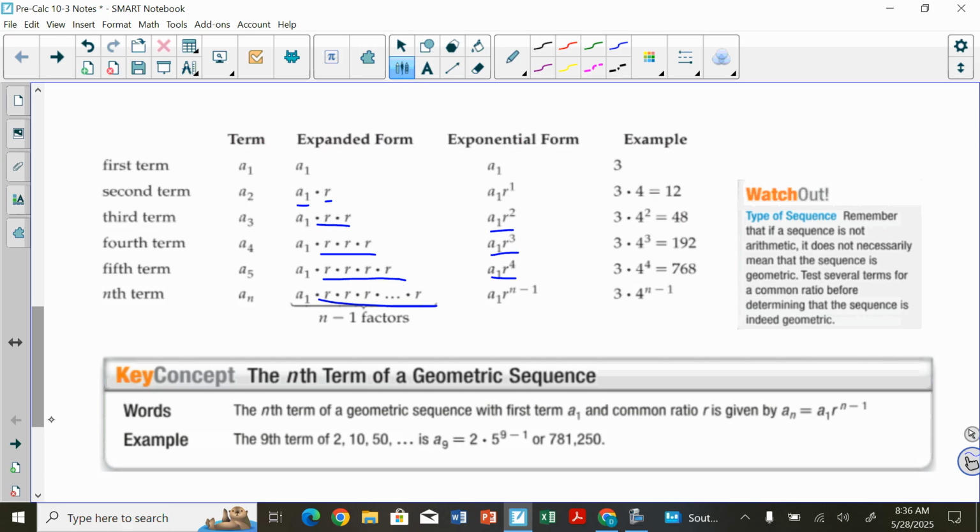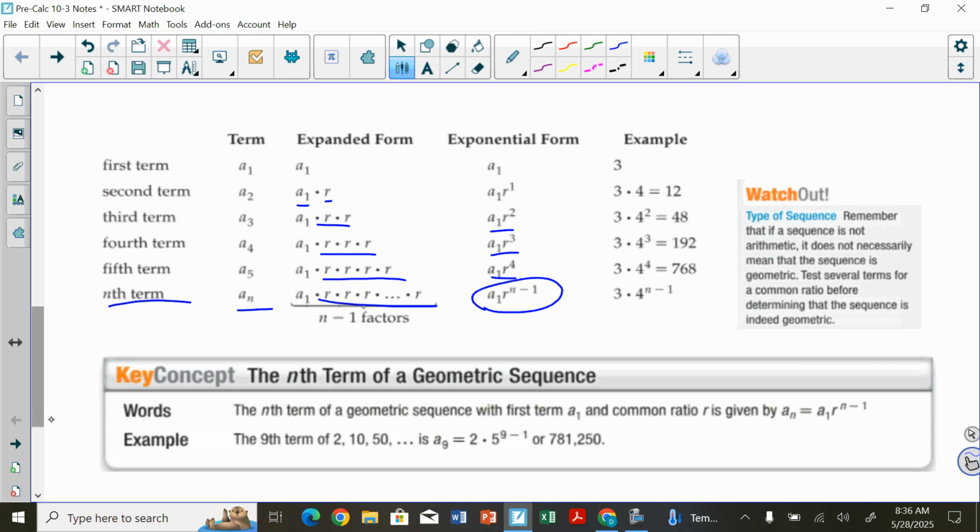You're just multiplying by that r value over and over, r to the third power, r to the fourth power. And that's why we have these sequences that grow like that. When you get to the nth term, it would look something like this. And we have this general formation here, a1 times r to the n minus 1. We'll use that later on when we're talking about sums and stuff.